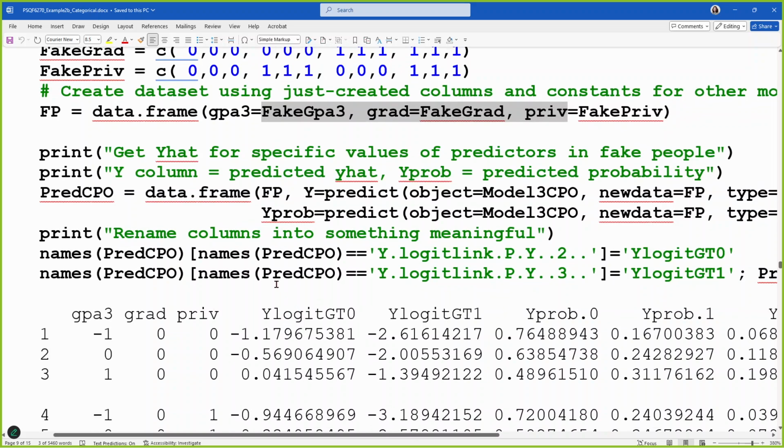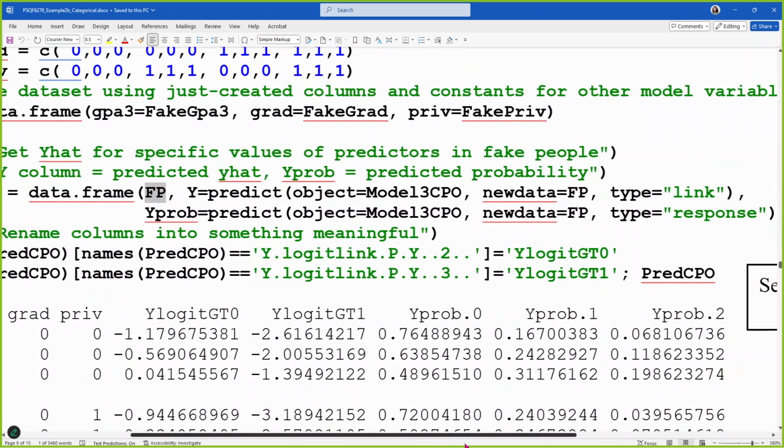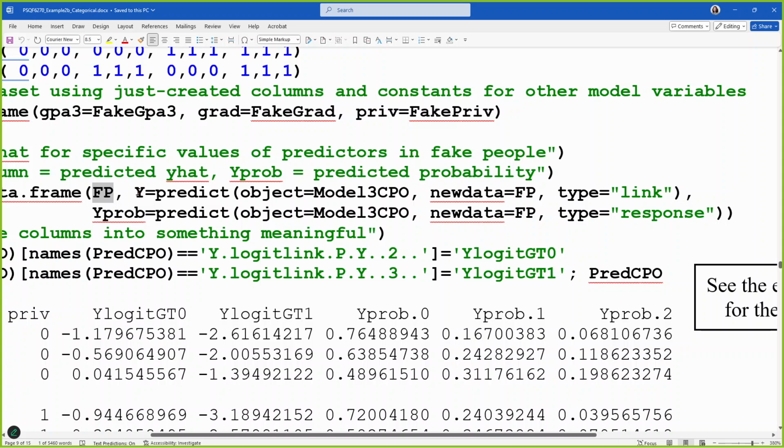Now, I can generate predictions from the model. So I'm saving a new object that holds the predictions, pred CPO for the proportional odds model, from the fake people, adding a column for Y, so this is in logits, by going into the model that I just saved and saying, use this model result to generate predictions for these fake people in the link metric.